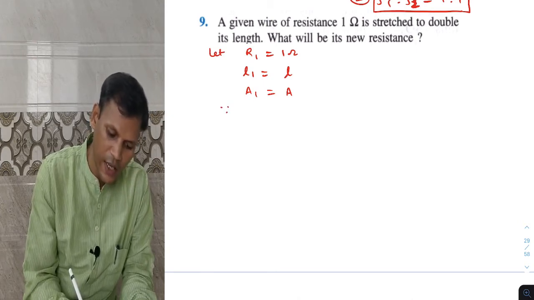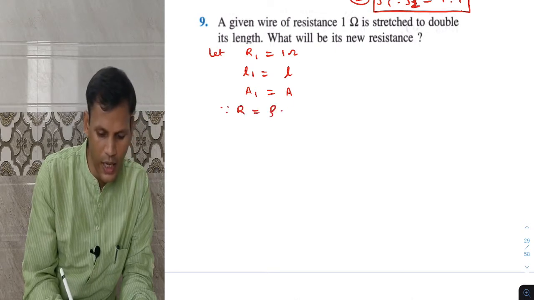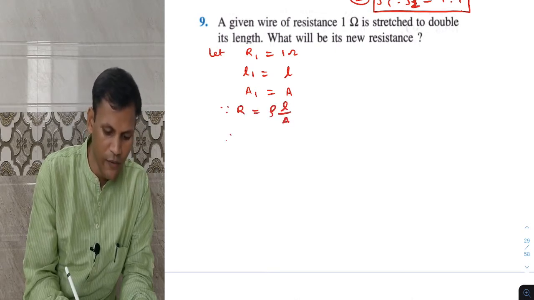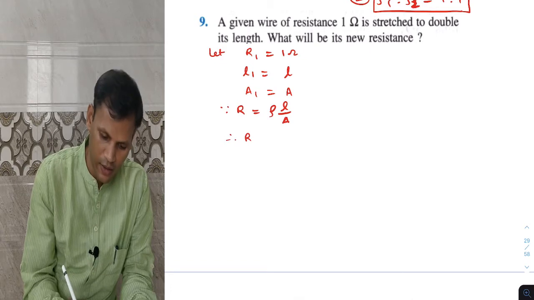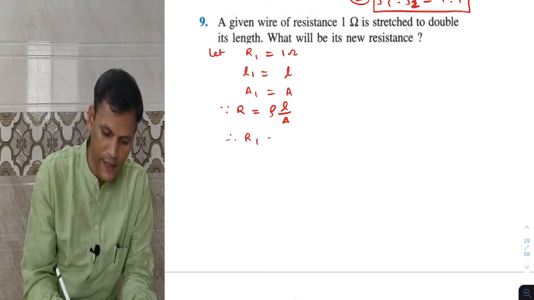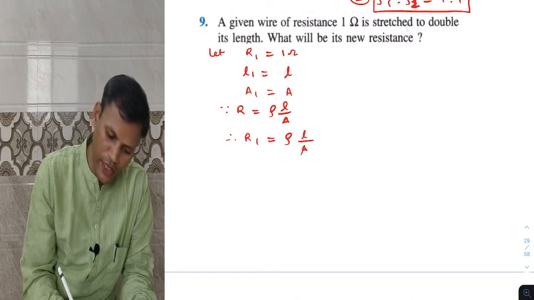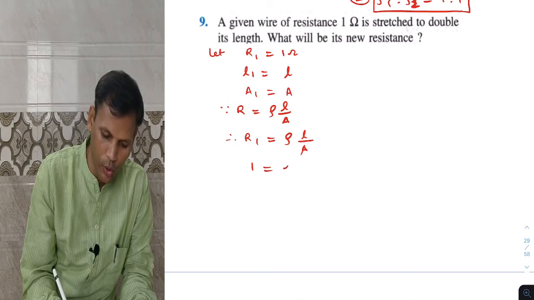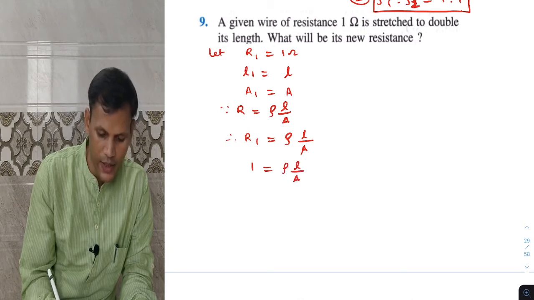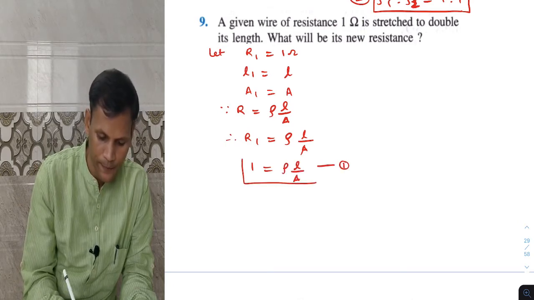Since R is equal to rho L by A, therefore R1, which is 1 ohm, is equal to rho L by A. This is our equation 1.